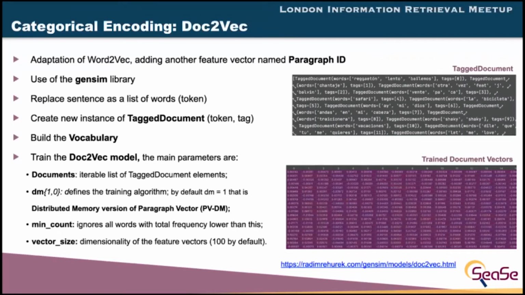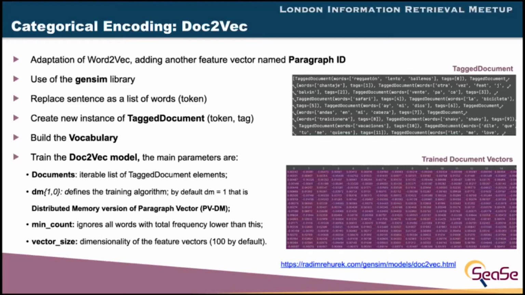Then doc2vec. Doc2vec is an unsupervised learning algorithm that represents each document or sentence as a vector. The algorithm is an adaptation of word2vec, which is one of the most popular techniques in natural language processing. Doc2vec, like the word2vec approach, uses deep learning and neural network-based techniques to compute feature vectors for every document or sentence in the corpus.